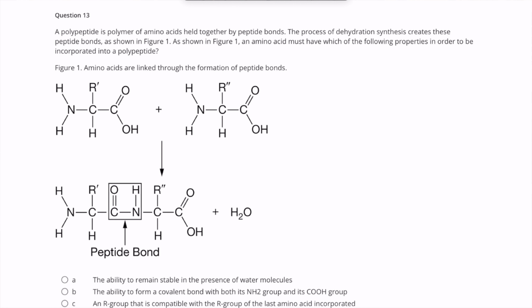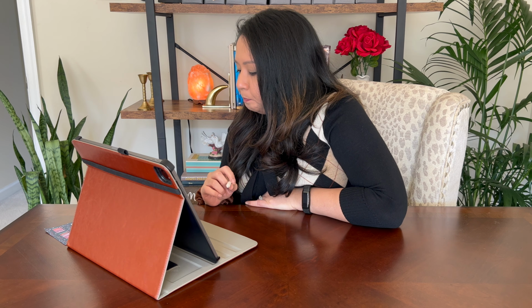As you can see in the picture, an amino acid must have which of the following properties in order to be incorporated into a polypeptide? It's also telling us in this picture, amino acids are linked through the formation of peptide bonds. Let's look at the choices and see if we can figure out which one's the correct one.